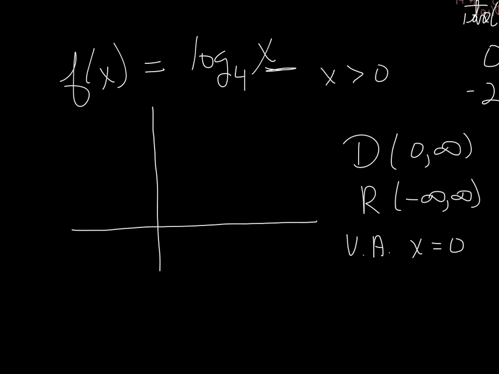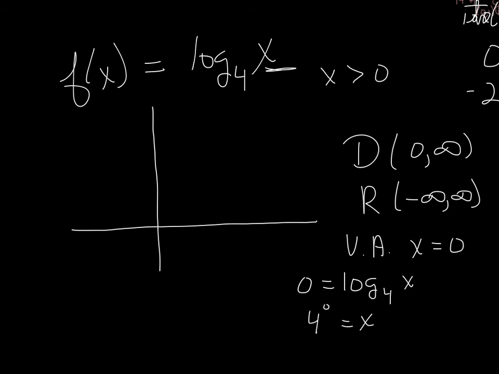And what do you think our intercept is, Zach? We don't have any movement, no shifting, do we? No. So if we're not sure, we can set this equal to 0. So 4 to the 0 is equal to x.